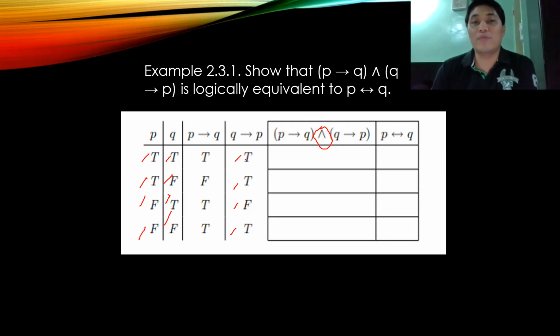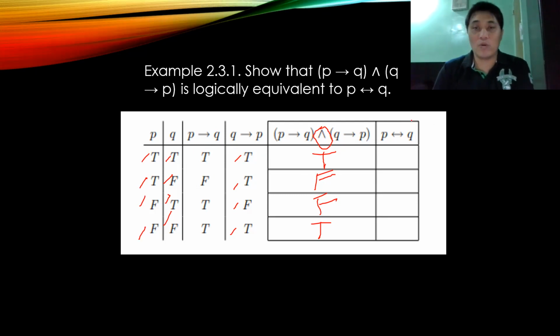So if we found here is true and this one is true, so if both true, this will be true. Then if we have false and true, this will be false. The next one, true and false, there is false, so this will be false. And both true, this will be true.